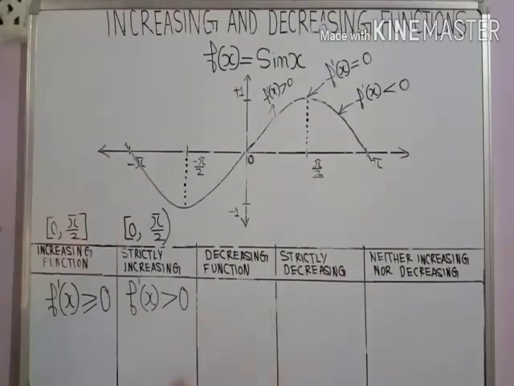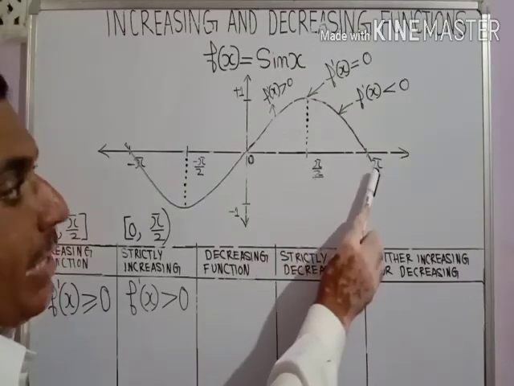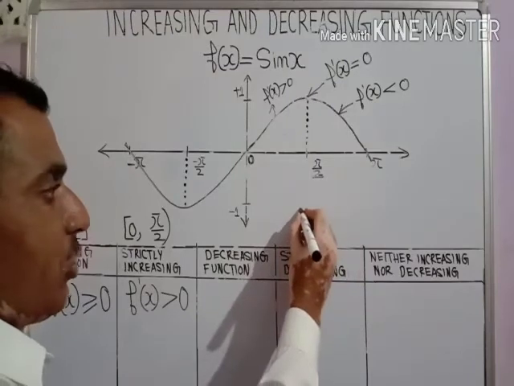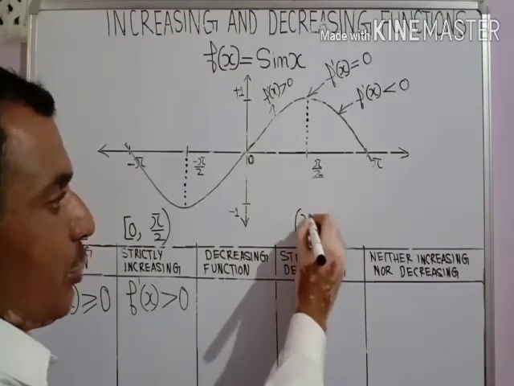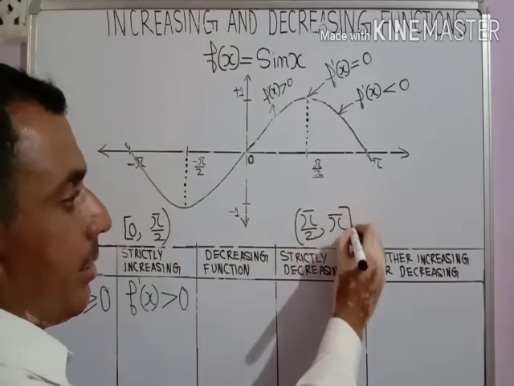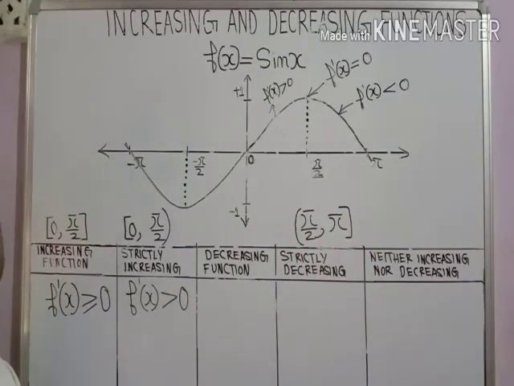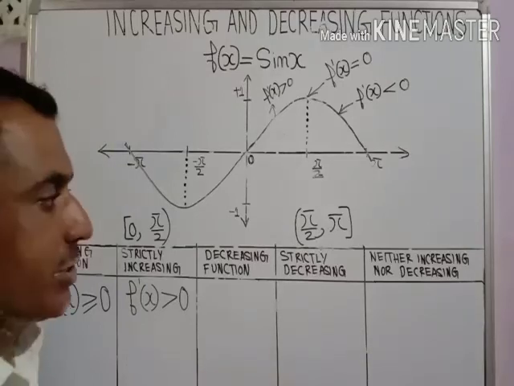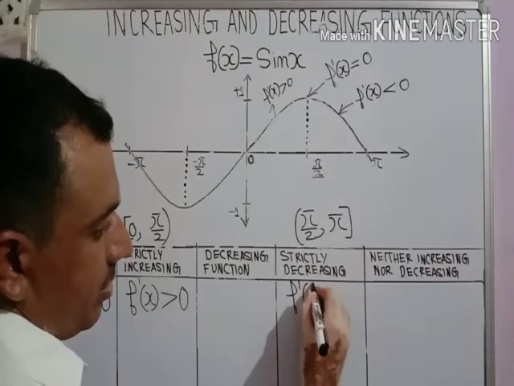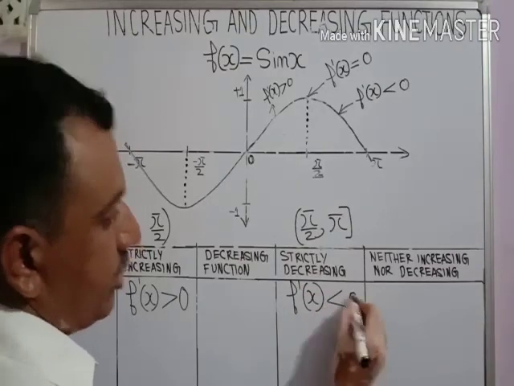Now from pi by 2 to pi, if I do not include pi by 2, I use an open bracket, pi by 2 to pi, and this function is strictly decreasing. So the condition for strictly decreasing is f'(x) less than 0.